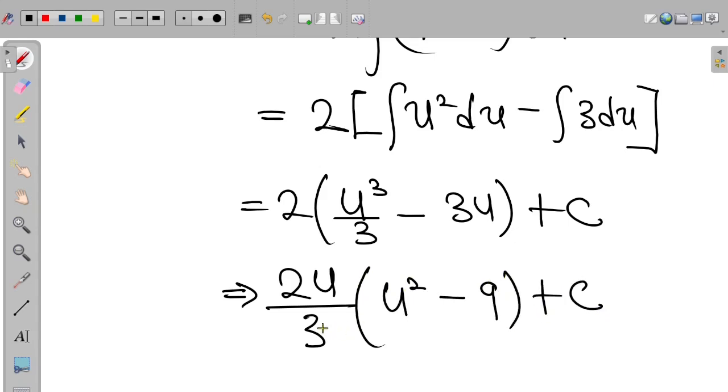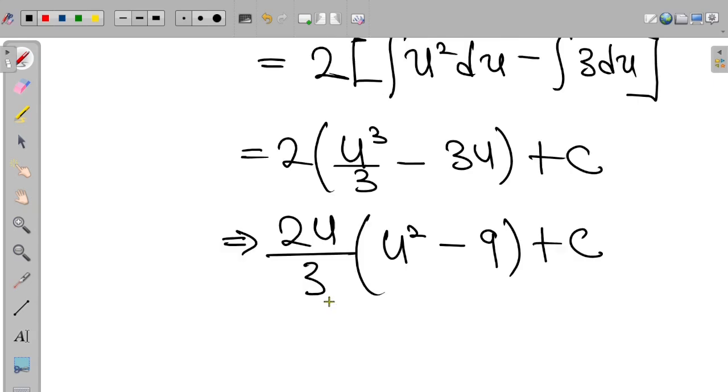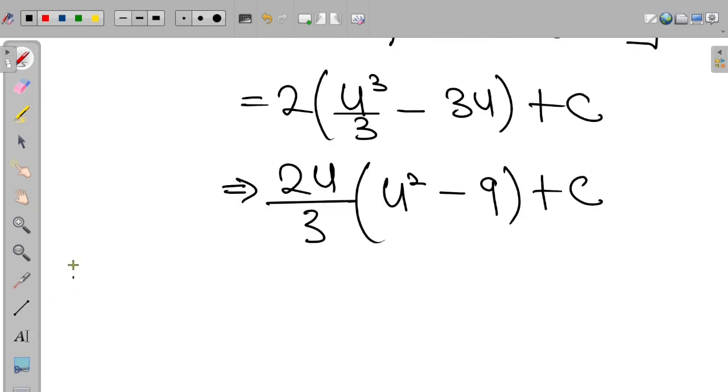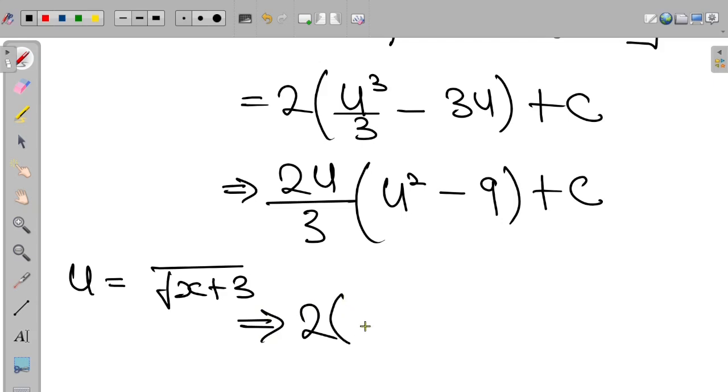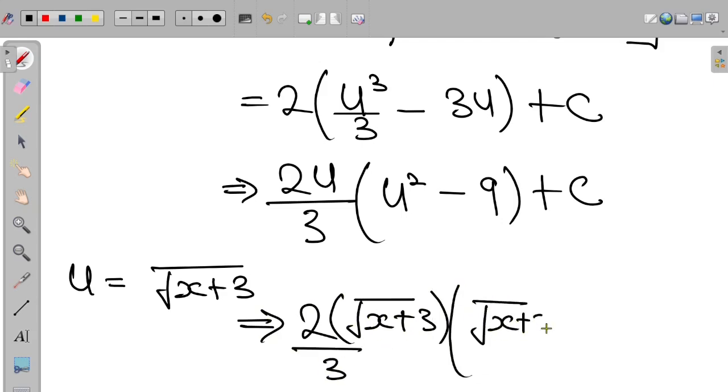So at this point, we can substitute the value of u. Now recall that u is equal to root of x plus 3. So at this point, we have 2 open bracket root of x plus 3 divided by 3, open a bracket, root of x plus 3 all squared minus 9, plus c.